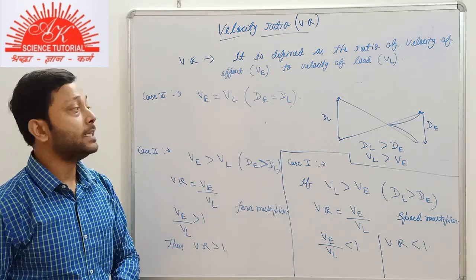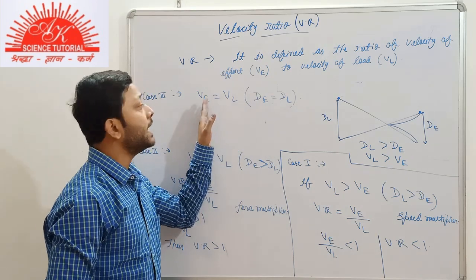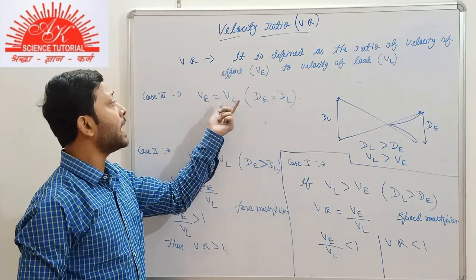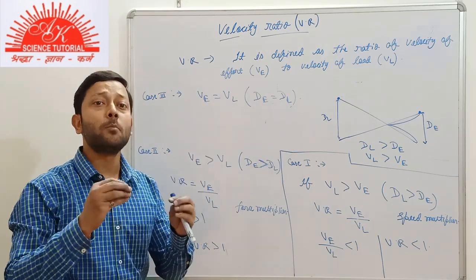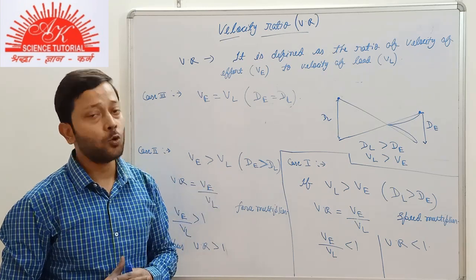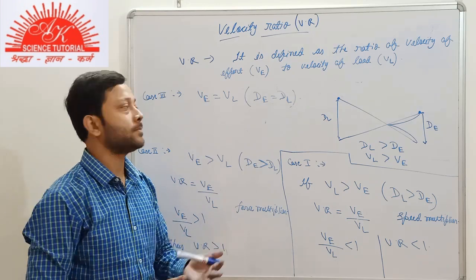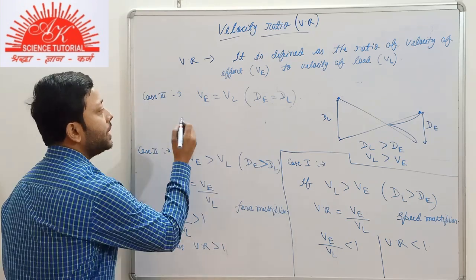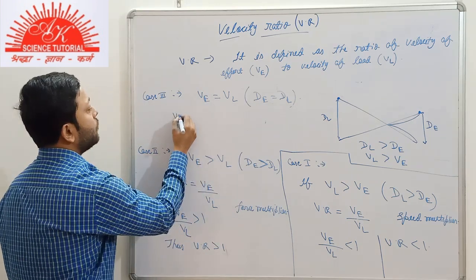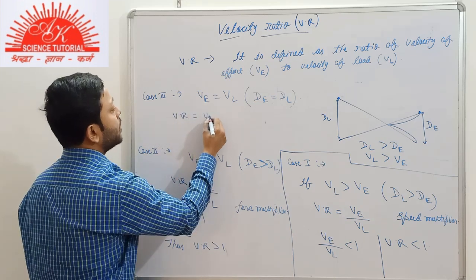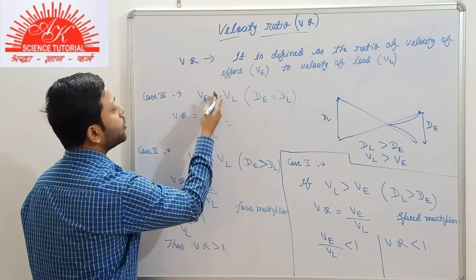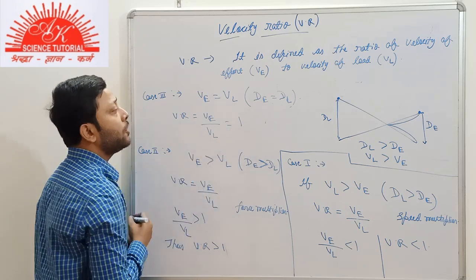It means that there is no gain in speed. The effort and the load, both of them are moving at the same rate. Neither the effort nor the load is moving faster. So in this case, VE by VL, what will be the VR? As both of them are equal, VR will be equal to 1.